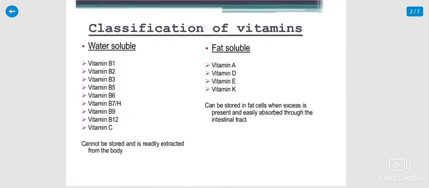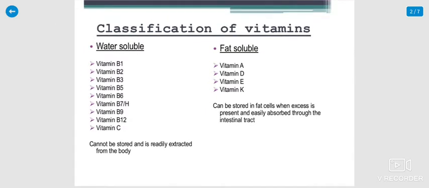At the same time, the fat soluble vitamins, that means vitamin A, vitamin D, vitamin E, as well as vitamin K, can be stored in fat cells when excess is present.